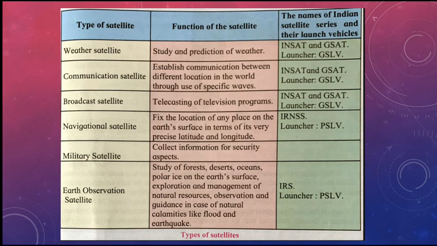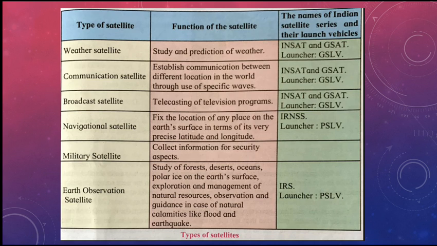It is used to establish communication between different locations in the world through the use of specific waves. And then there is the broadcast satellite. Telecasting of television programs is done by it. You watch television programs, and these programs are telecasted by the broadcast satellite.